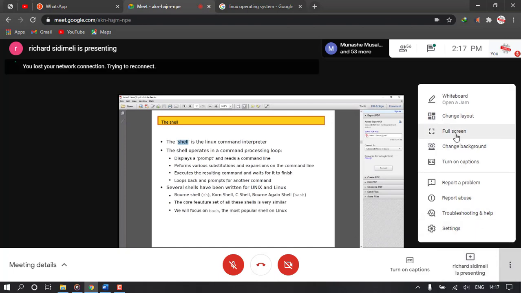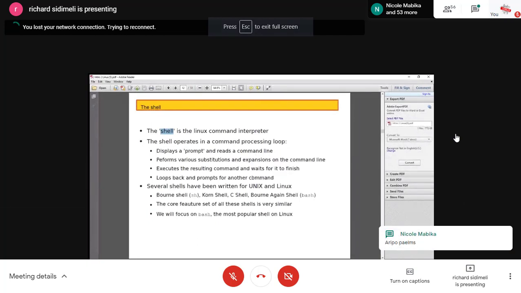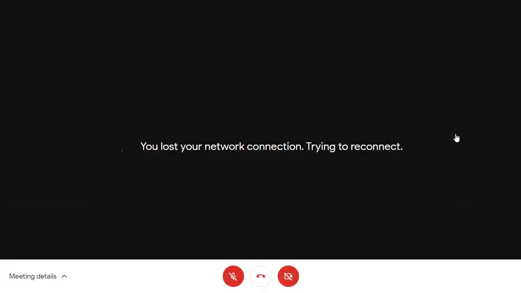It performs various substitutions and expansions on the command line, executes the resulting command and waits for it to finish. So we start one and complete it before we do the next one, and so on and so forth. And we can then loop back and prompt for another command.